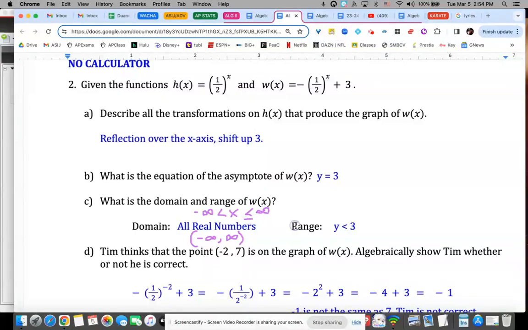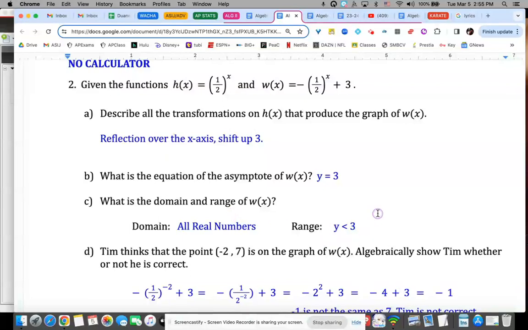If you put equal to there, that's not correct, because you can't ever reach infinity, so we don't write those. Same thing with this. If you were to put brackets on the end of this, that would be wrong. You have to use parentheses. Okay, so that's one option for all real numbers. I think it's easier just to say all real numbers. You can use the all real number symbol, which is like this. I like that the best, short and easy.